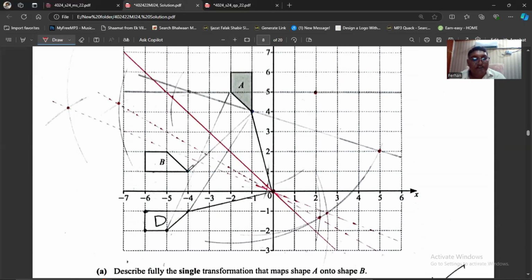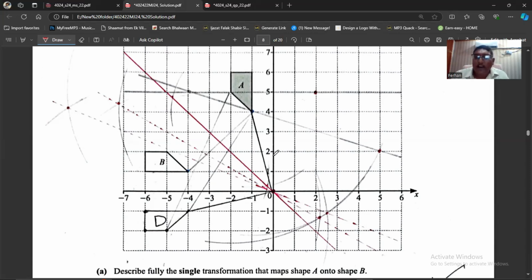Then I will put the compass needle here, and I will draw an arc, this arc, which is very blurry here, and I will draw an arc here. So this point and this point where these two arcs have intersected, I will join them with each other. So you can see this red line, this continuous red line. This is that perpendicular bisector, and this is the line of reflection.